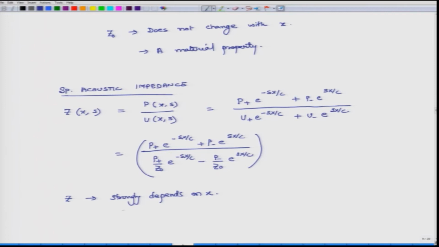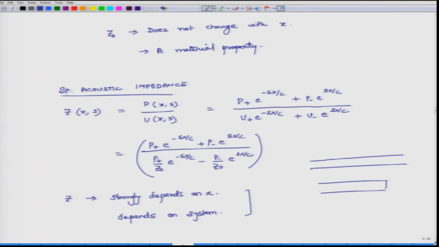It depends on the system. You can have a tube which is infinitely long and you may get one function for Z. You can have a tube which is closed, so the system has changed, and you may have another function Z of x and s, which may be its specific acoustic impedance.